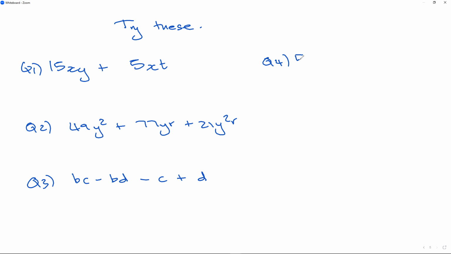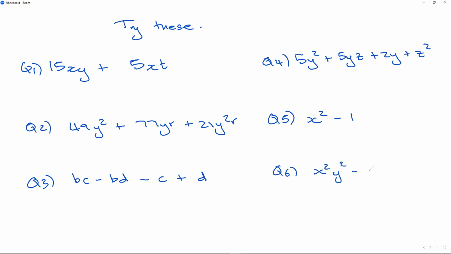Question 4. 5y squared plus 5yz plus zy plus z squared. Question 5. x squared minus 1. Question 6. x squared y squared minus 25z squared.